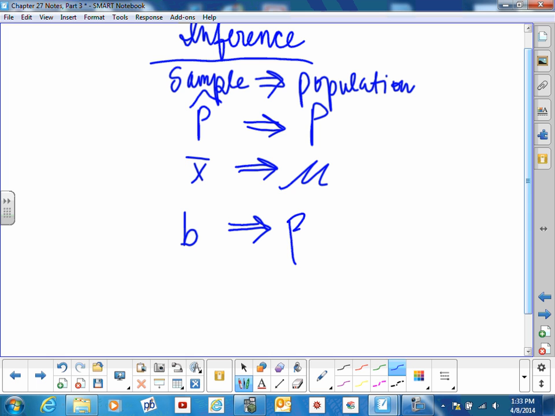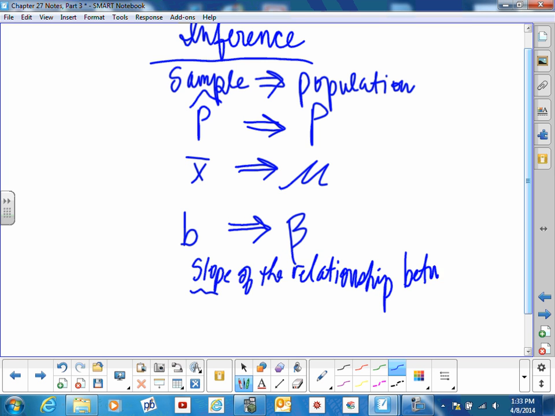And that is going to be represented by the letter capital beta. And again, a linear regression test is about the slope of the relationship between 2 variables, x and y. Okay, so that's what we are doing today.